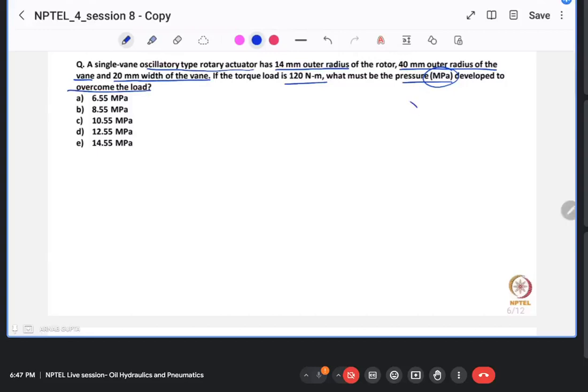So you have a single vane oscillatory type actuator or motor. Let's say this is the vane at the extreme position, and this is your rotor.